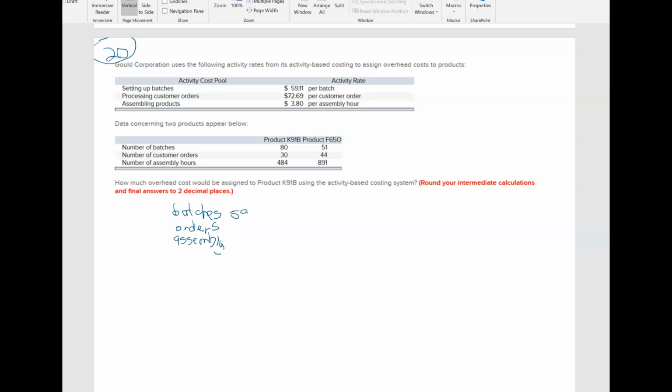Batches are $59.11 per batch, $72.69 per customer order, and $3.80 per assembly hour. And then we're going to multiply it by how many there are. And this is for product K91B. There are 80 batches, so multiply by 80.